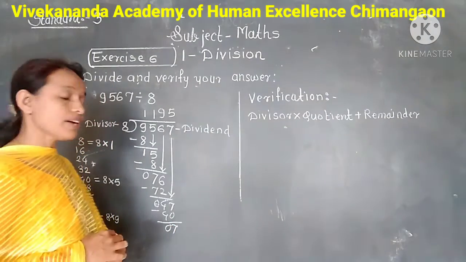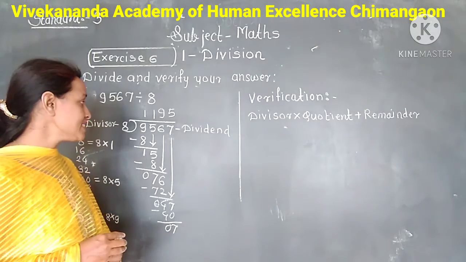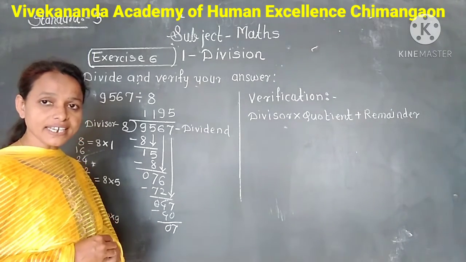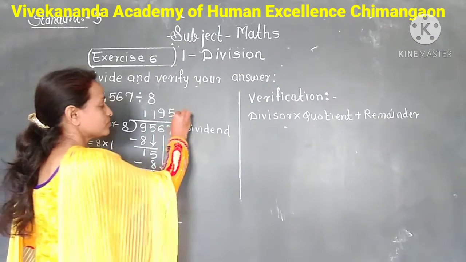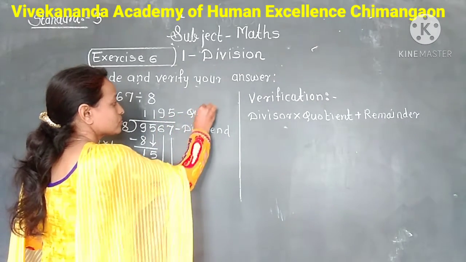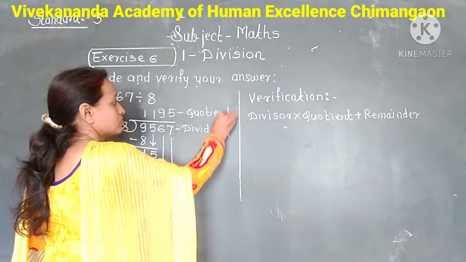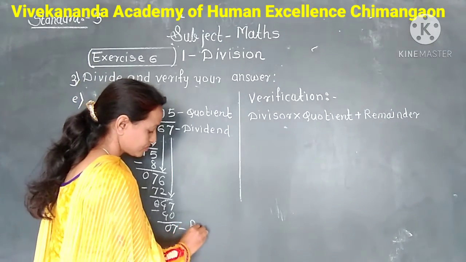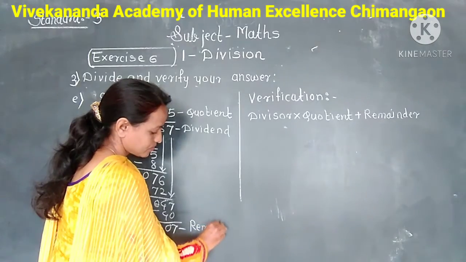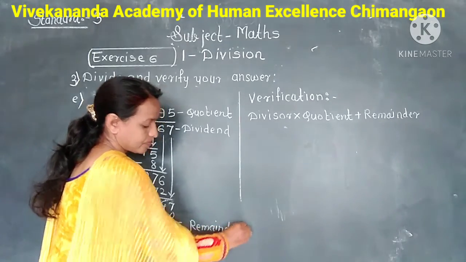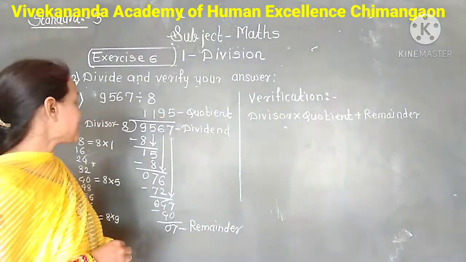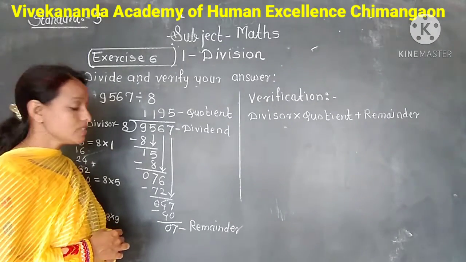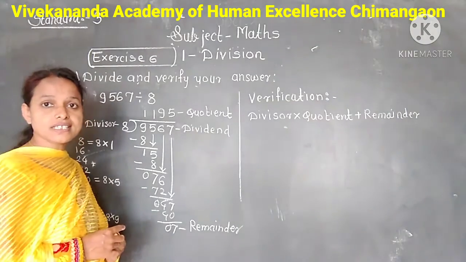So here we divide 9567 by 8. It gives 1195 as a quotient. And 7 as a remainder. Now here 8 is the divisor, 1195 is the quotient and remainder is 7.